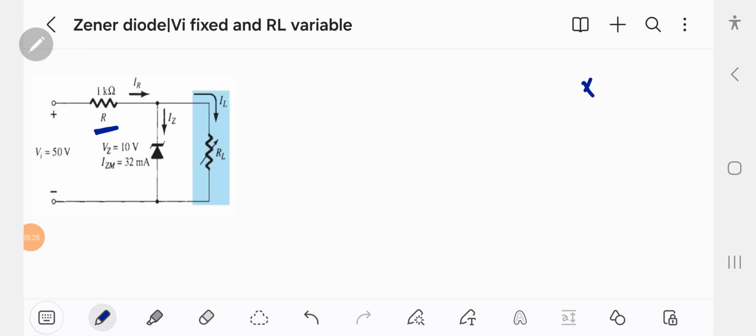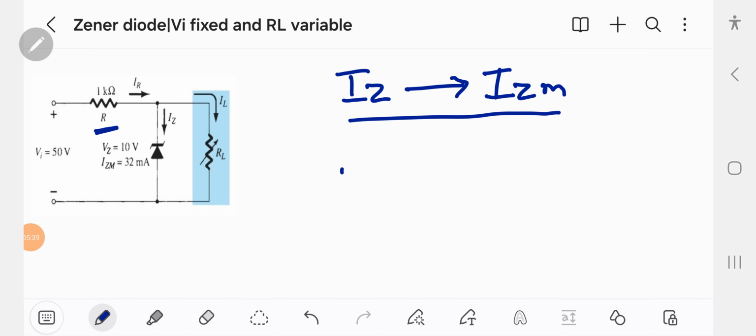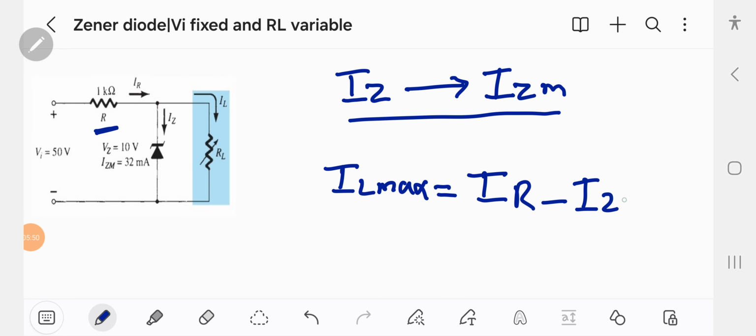In normal, this IZ current is taken from a table, which is considered to be IZM. So for IL maximum, IR minus IZM.